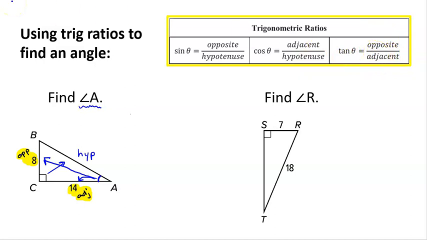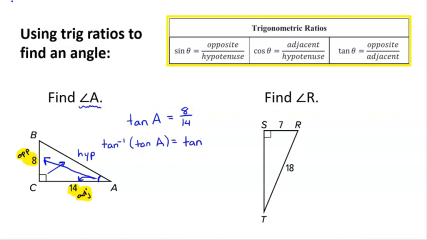So now I'm going to do tangent of angle A is equal to opposite over adjacent. So that's going to be 8 over 14. And then just like how we do division to get rid of multiplication, the opposite of addition is subtraction. The opposite for this one is where we're going to do the inverse tangent, and that is going to get rid of the tangent part.